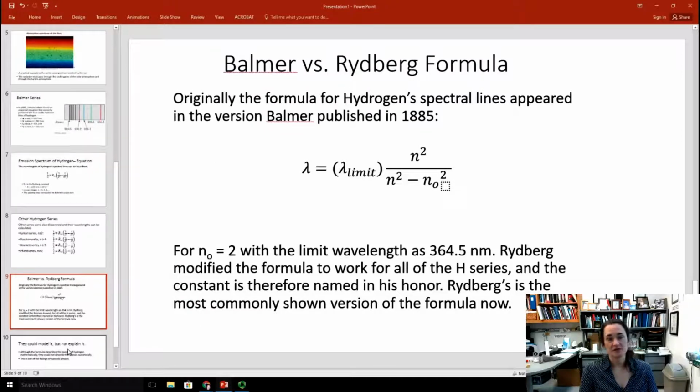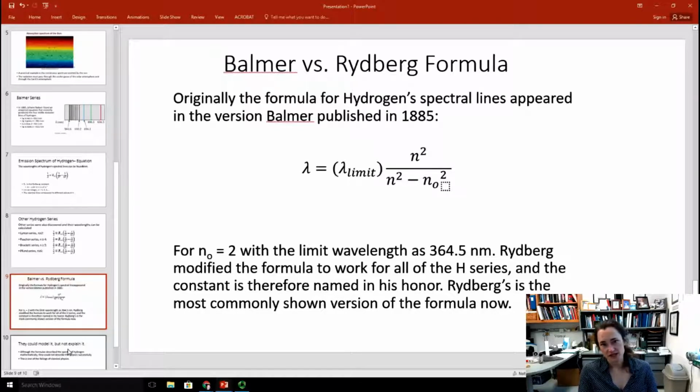Historically, the formula for the Balmer version of the spectrum was published as: the wavelength lambda of each spectral line is equal to lambda limit times n squared over n squared minus n naught squared. The limit wavelength was 364.5 nanometers, and n naught started at 2, of course.